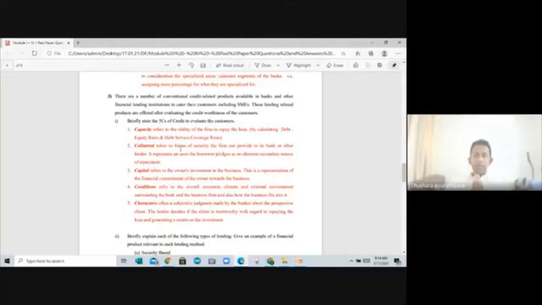The difference is, in capacity, you say the firm's or entrepreneur's capability to run the organization or run the business. What do you mean by that? There are qualitative aspects of the promoter: his management capacity, his marketing capacity, his organizational capacity, operational capacity, legal capacity.